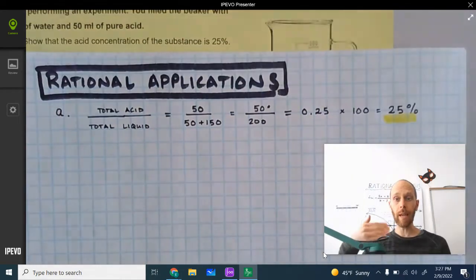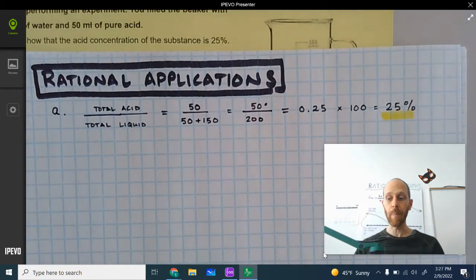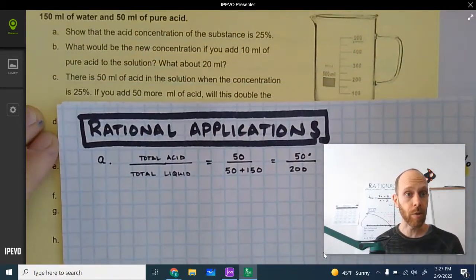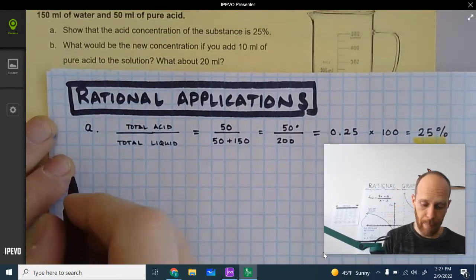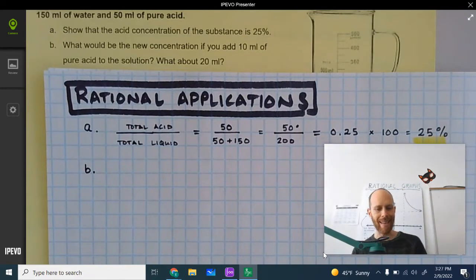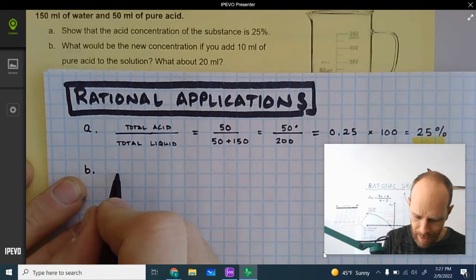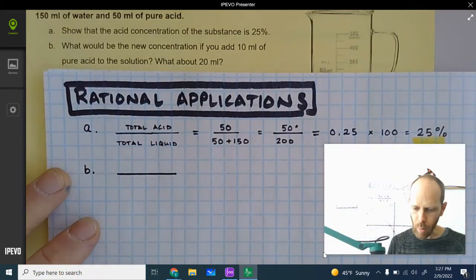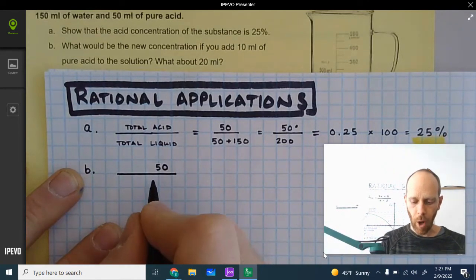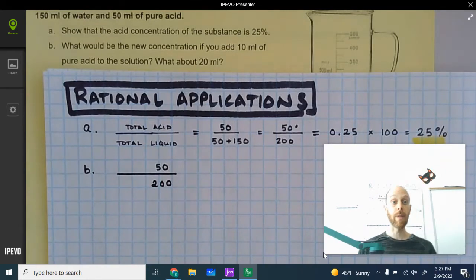Now we're going to start looking at what happens to the concentration as we add more acid to the solution. So here we go. Take a look at B. B says, what would be the new concentration if you added 10 milliliters of pure acid? We've already got 50 milliliters of pure acid. We've already got 200 milliliters of liquid.